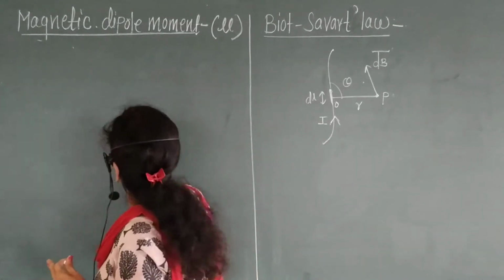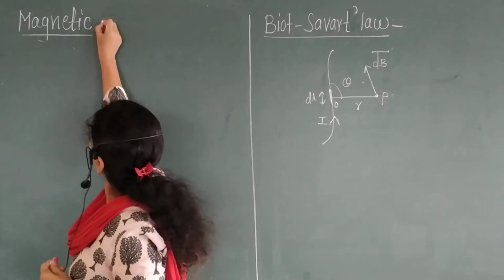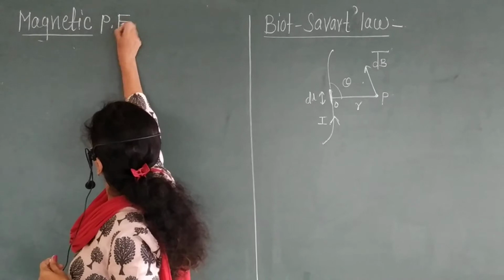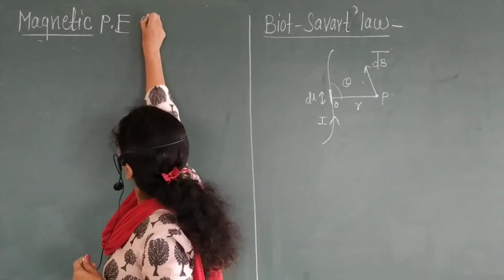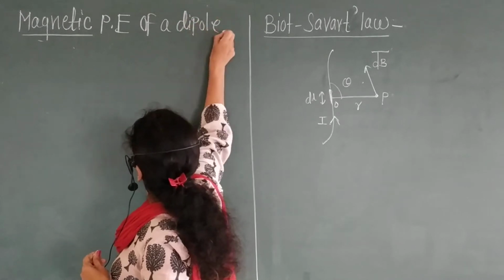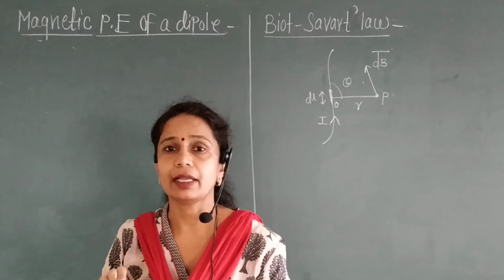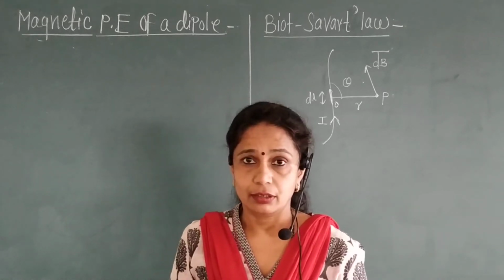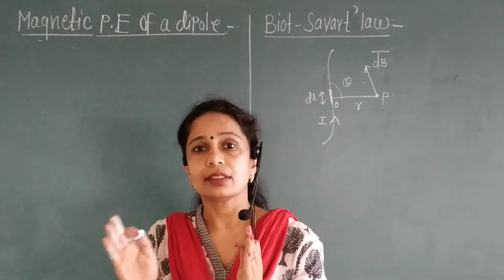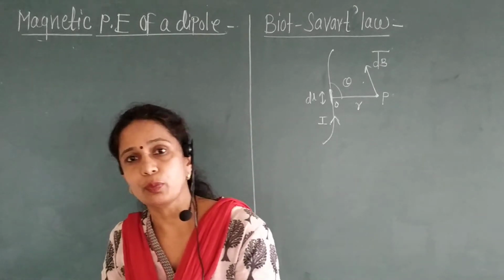Now the next point is magnetic potential energy of a dipole. This is again a small point about a dipole. Dipole means here magnetic dipole moment. Dipole means di means two and poles mean two poles, north pole and south pole.